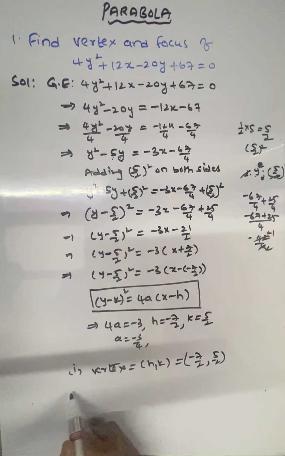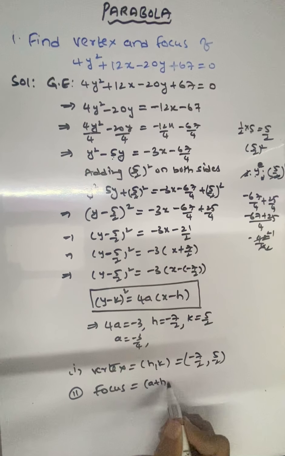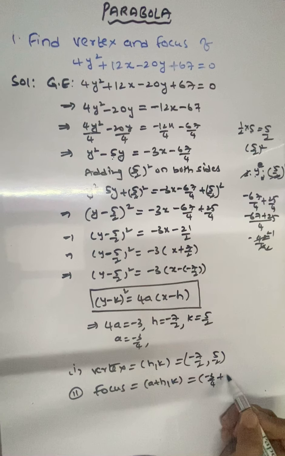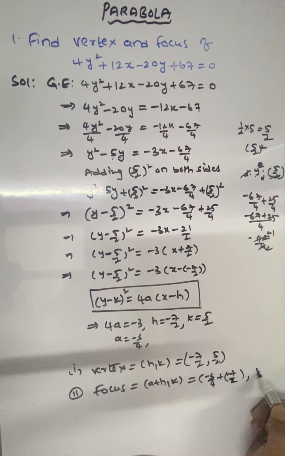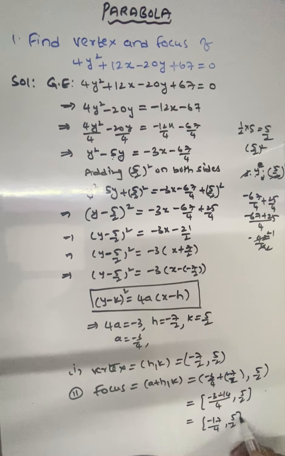So the a value is minus 3 by 4, h comma k. So the LCM of 4 and 2 is 4: minus 3 minus 14 comma 5 by 2. So minus 17 by 4 comma 5 by 2. This is the answer. Now we'll do the next one.